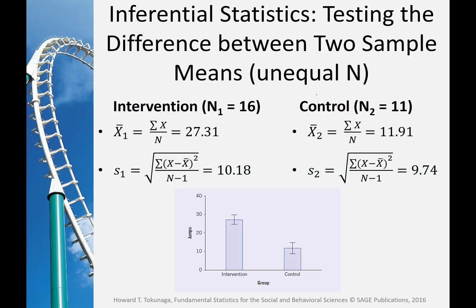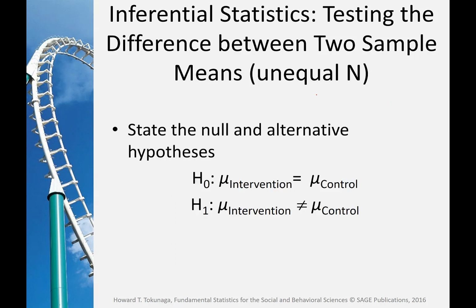The treatment group, 27 jumps in 30 seconds, which is probably more than I could do. The control group, let's be nice and call it 12. I think there's a gap between 27 and 12. State the null and alternative hypothesis.